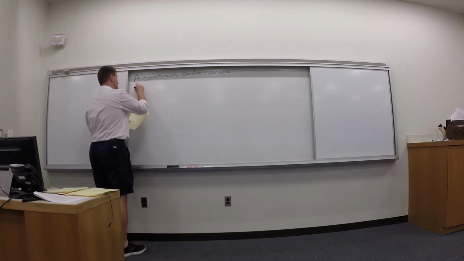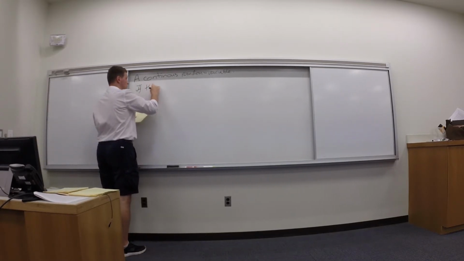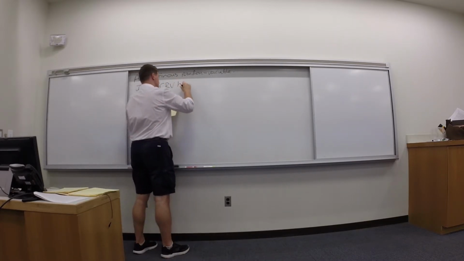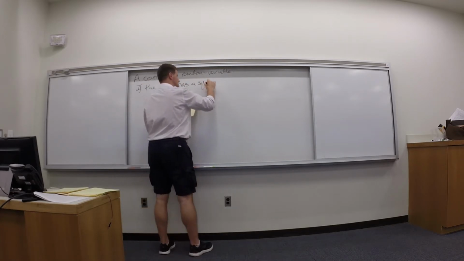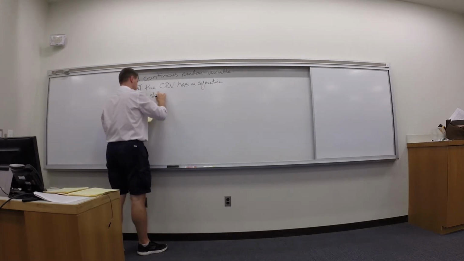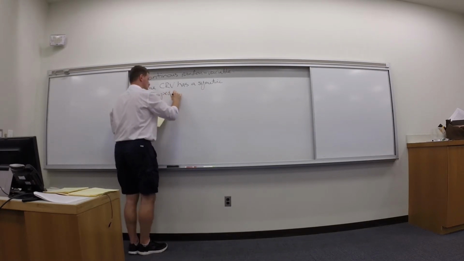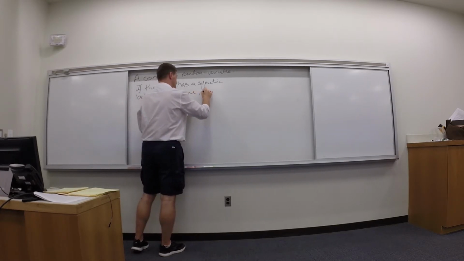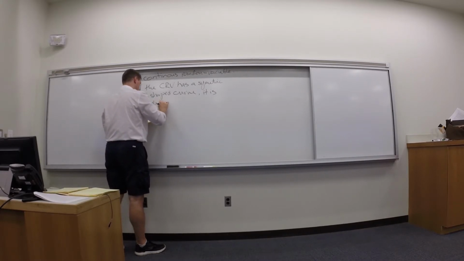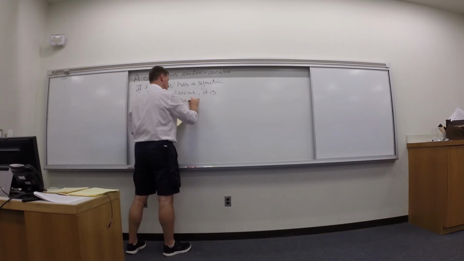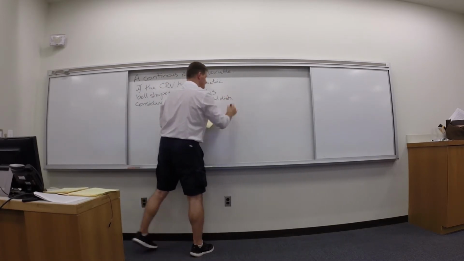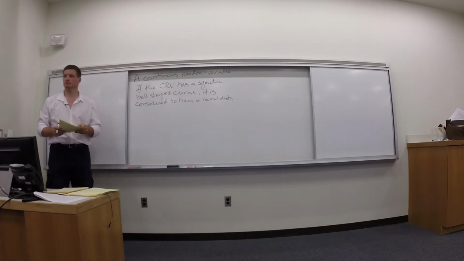If the continuous random variable, I'm being lazy here, has a symmetric bell-shaped curve, it is considered to have a normal distribution. Symmetric bell-shaped curves, normal distribution.